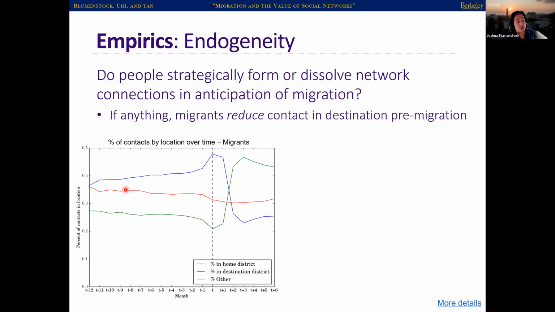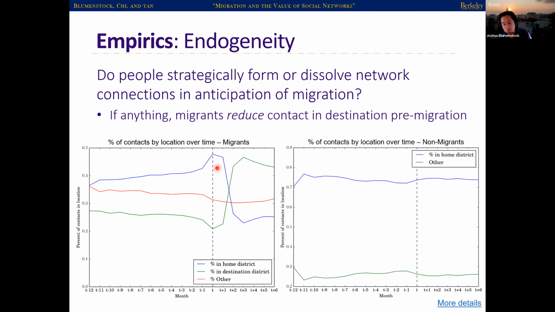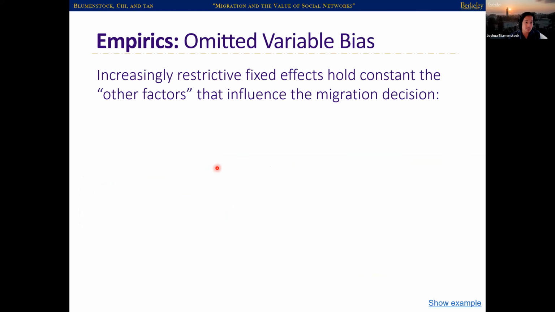What we see here is that the majority of contacts are in home. There's a minority in the destination, but then after migration, the network structure changes pretty quickly. But what we don't see, except really in maybe the month or two prior to migration, is a marked shift in network structure prior to migration. We look at this for higher order network structure too, and there's not really a lot of evidence that there are these strategic anticipatory changes in network structure. But again, this is not airtight.